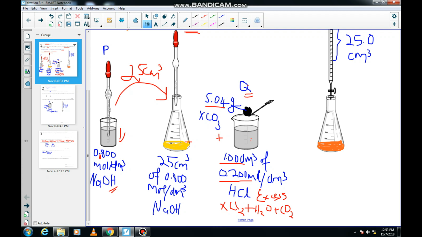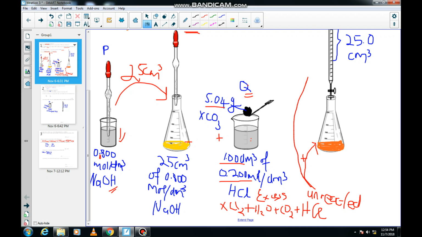Because the hydrochloric acid is in excess, we will also have some hydrochloric acid remaining as unreacted. This is unreacted acid, and this unreacted acid will be used to titrate this sodium hydroxide. It will then react with the sodium hydroxide.